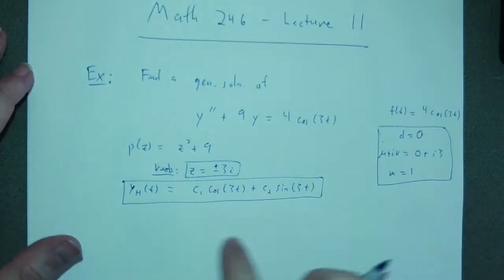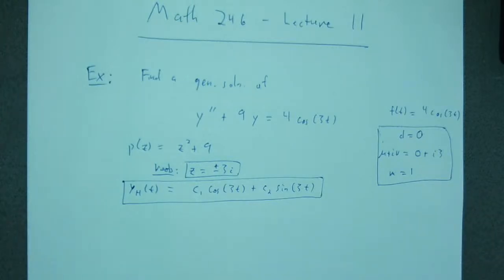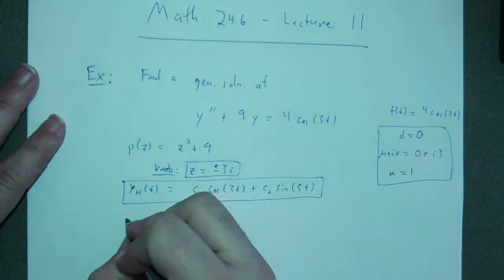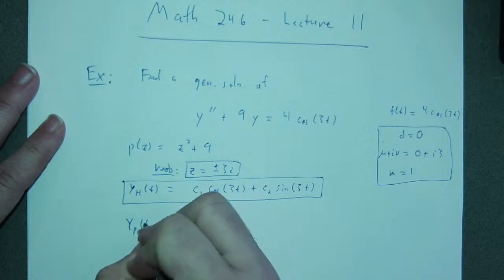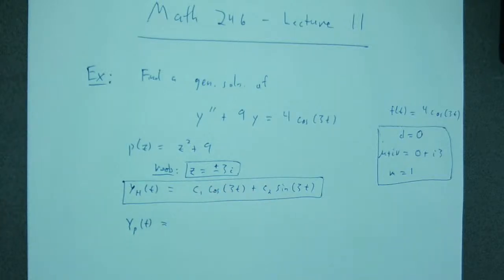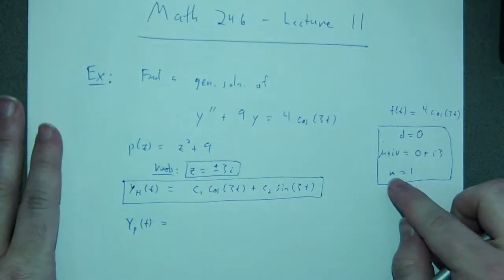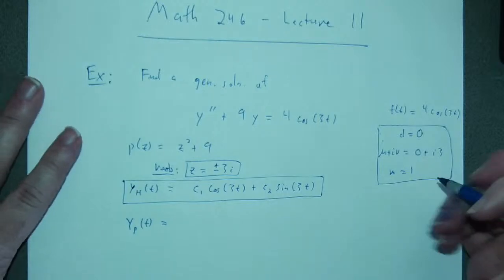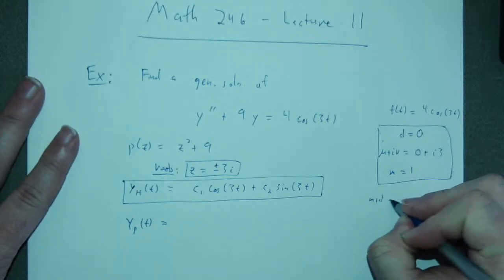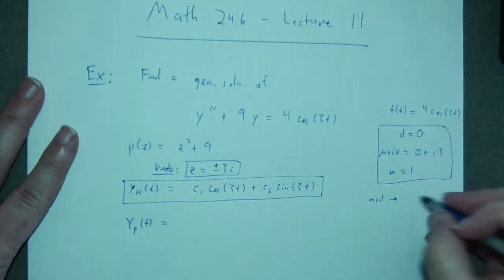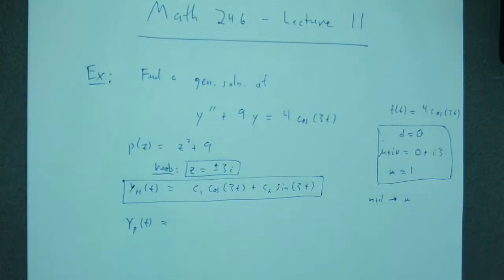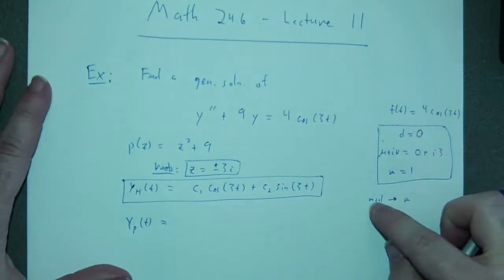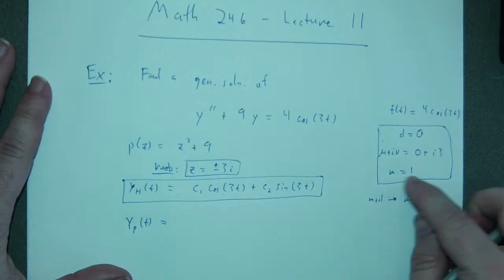So according to my recipe, what should be my form of the particular solution? Since m is 1 and d is 0, remember that the t terms count down from m plus d to m. Well, m plus d is 1, and m is 1.